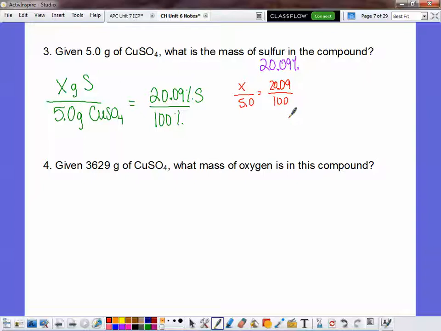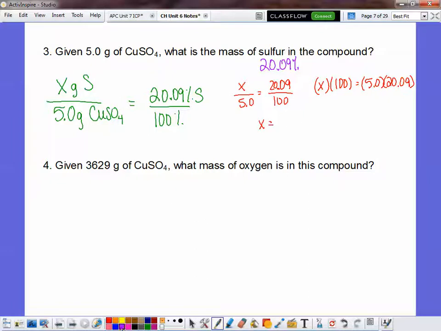You cross multiply and then divide, right? So if we cross multiply, we get X times 100 equals 5 times 20.09. And then you multiply 5 and 20.09 and you divide by 100 to solve for X.